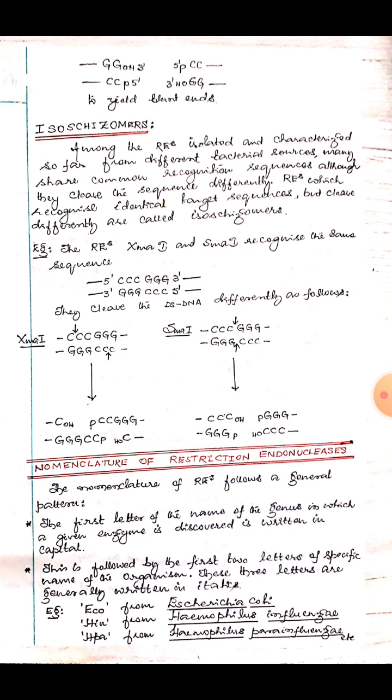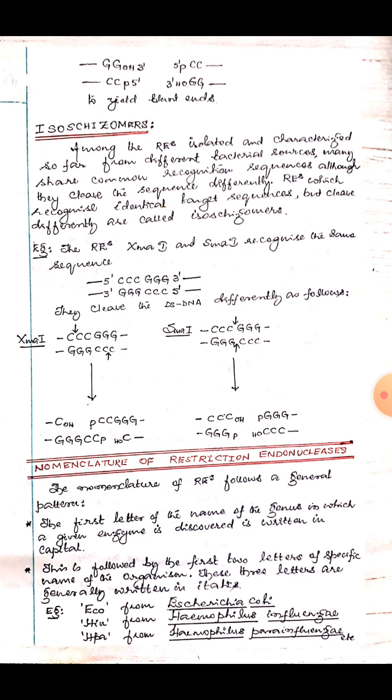What are the general principles? First principle says the first letter of the name of the genus in which a given enzyme is discovered is written in capital. Genus means here most of the times bacterial species.